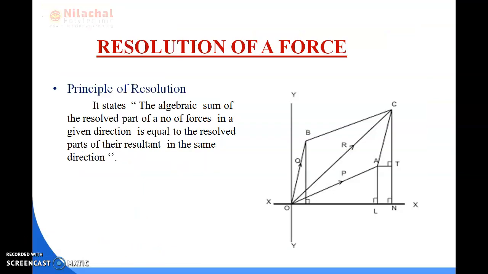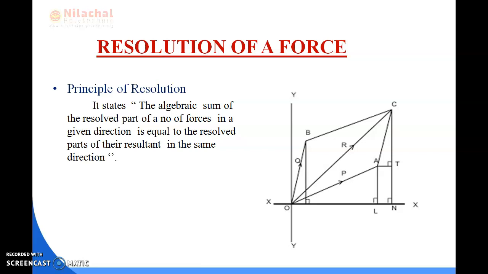So here this one is resolution of forces. First we know what the resolution is. It is defined as the process of splitting up the given force into a number of components without changing its effect on the body, and it is called resolution of a force.